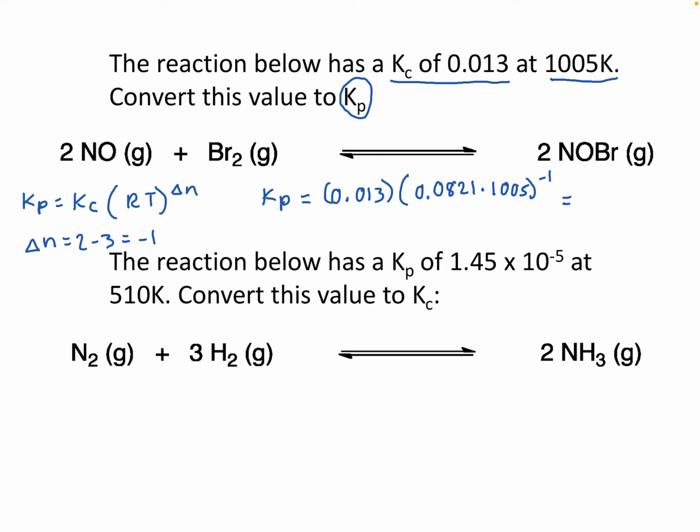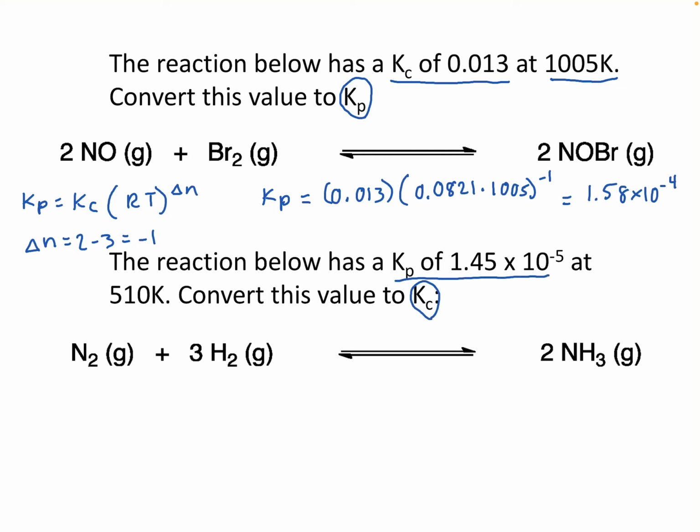Let's calculate this real quick. And I got 1.58 times 10^-4. All right, so that's our Kp value for the first one.